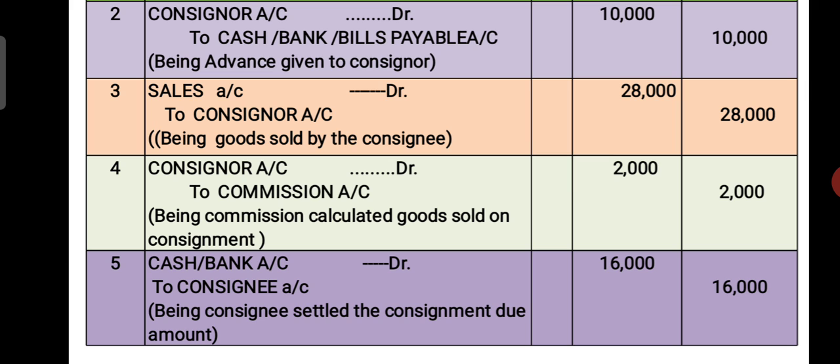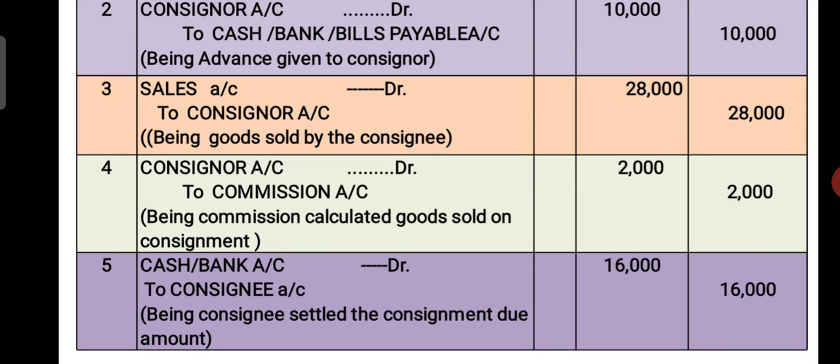Here who is the consignor? Salim of Secunderabad, that should be debited. Salim of Secunderabad account debit to cash or bank account, rupees 16,000. Narration: being consignee settles the consignment account. Okay, so these are the 5 entries.